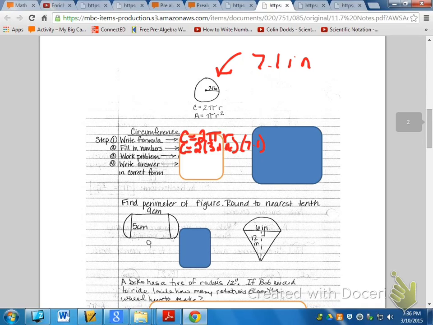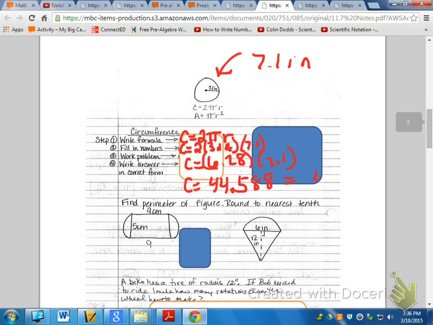All right, now it's just a matter of multiplying these numbers together. Well, 2 times 3.14, I know that's 6.28. I can do that one in my head. And I have to take that times 7.1. So 6.28 times 7.1, 44.588.